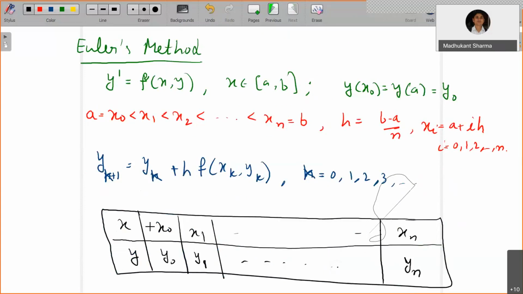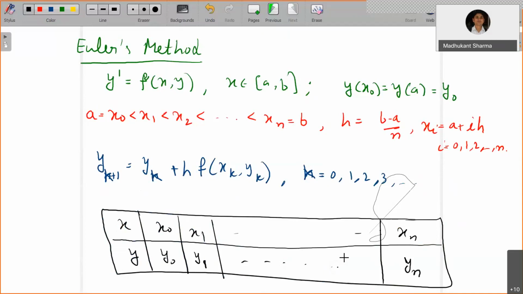You can now interpolate it to find the shape of the curve, using spline interpolation, Hermite interpolation, or other interpolating techniques to get the curve y.